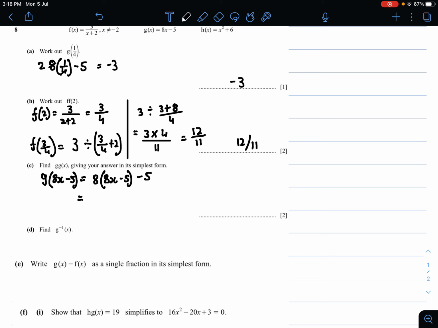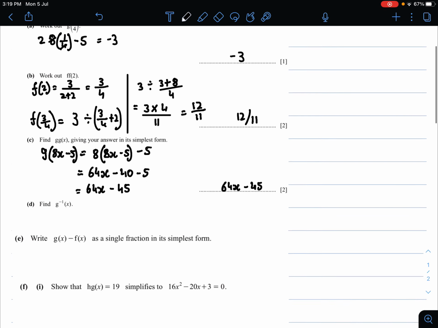So 8 multiplied by 8 is 64, so 64x. 8 multiplied by 5 would be 40, so minus 40 minus 5. So 64x minus 40 minus 5 would give us minus 45. Therefore our final answer being 64x minus 45.